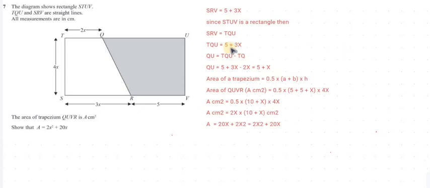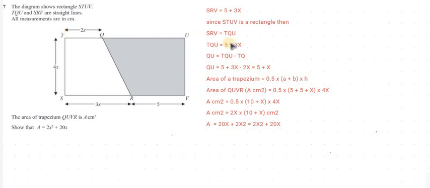Now, because STUV is a rectangle, SRV, the full length, is 3x plus 5, or 5 plus 3x. STUV is a rectangle, so that means SRV has the same length as TXU.